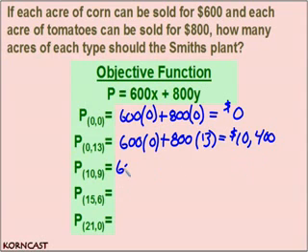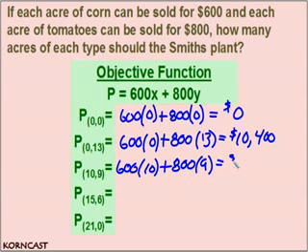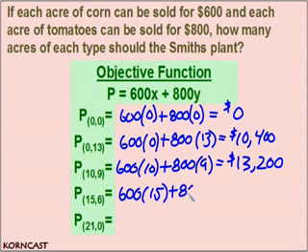Okay, the next one, we're going to get 600 times 10 plus 800 times 9. And that product and sum will result in $13,200. Same thing with the next one. We're going to have our 600 times 15 plus 800 times 6.